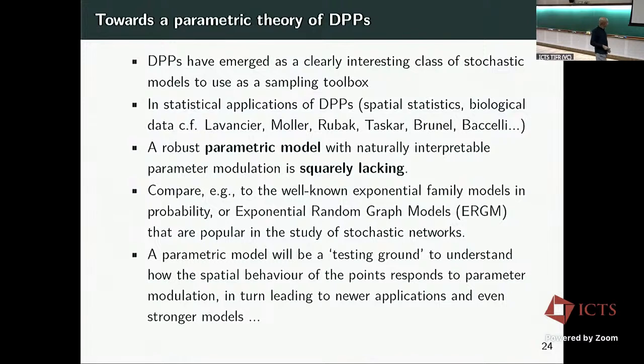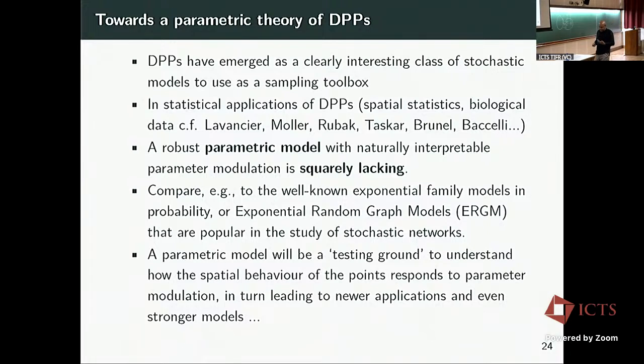So that's our goal. And a parametric model, if we can design a good one, will be a testing ground to understand how the spatial behavior of the points responds to modulation in the kernel. And this can, in principle, lead to newer applications and even stronger models.